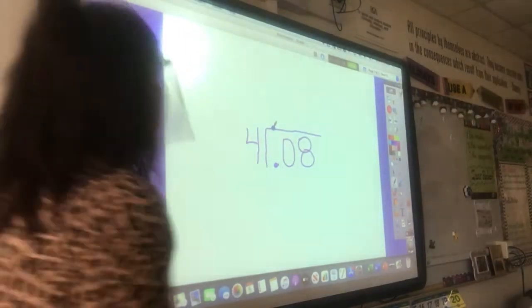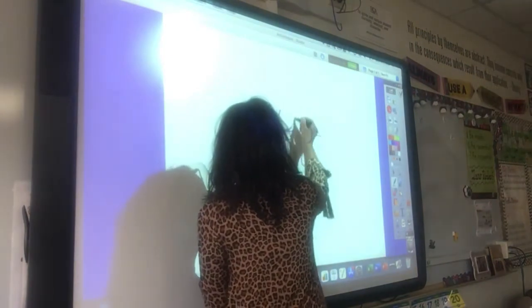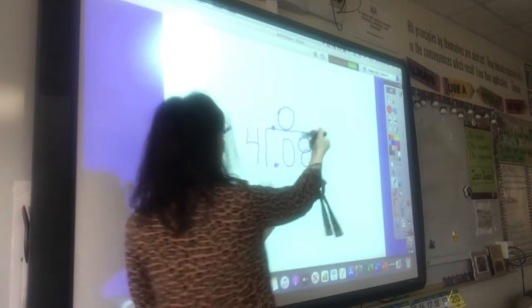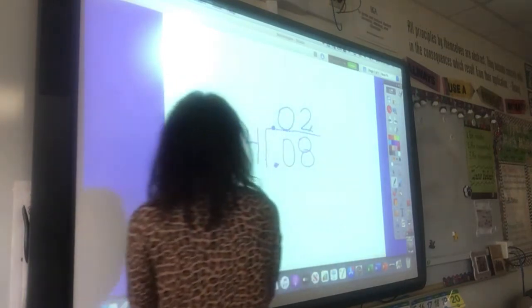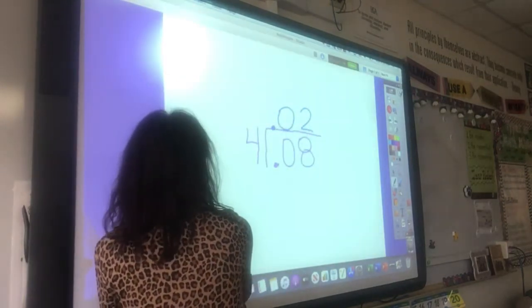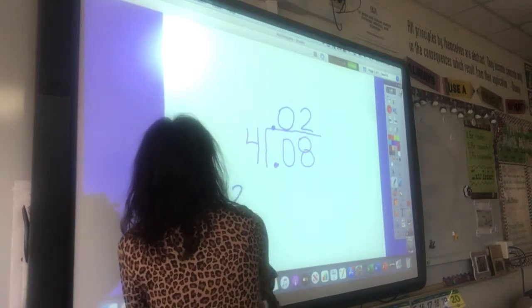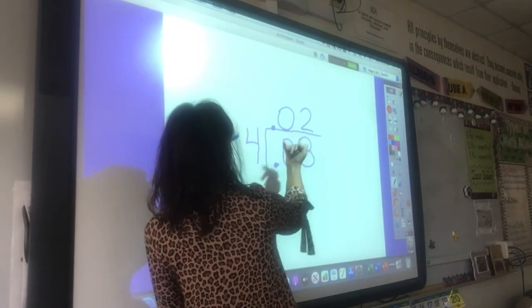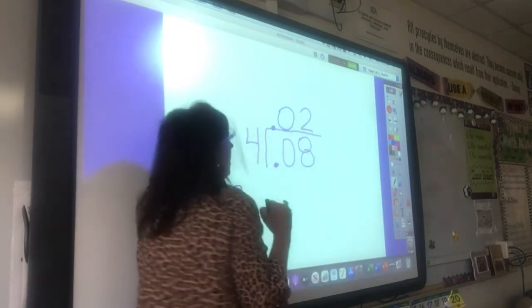No. Okay, so I need to put a 0 there, because my decimal point's here. We can put 4 into 8, which is 2, but it wouldn't make sense for my answer to be point, blank space, 2. So you have to put a 0 since the decimal point's there, so your answer would be 0.02, if you're putting 4 into 0.08.